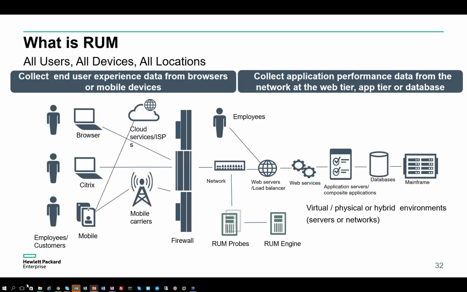In the picture here, you can see that we have the RUM probe and the RUM engine. The RUM probe can collect data from the network. However, the best way to think about the RUM probe is as either a physical or a virtual collector. In a physical environment, we can install the RUM probe to collect data from the physical network.